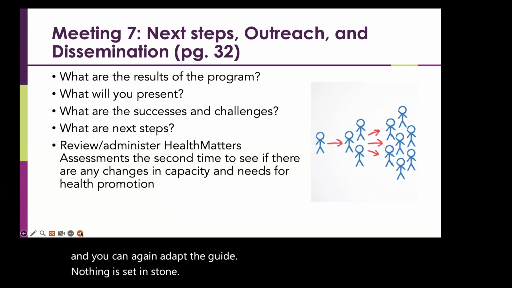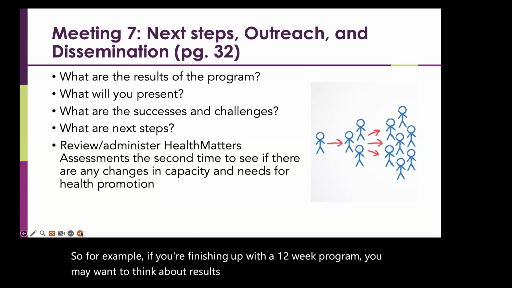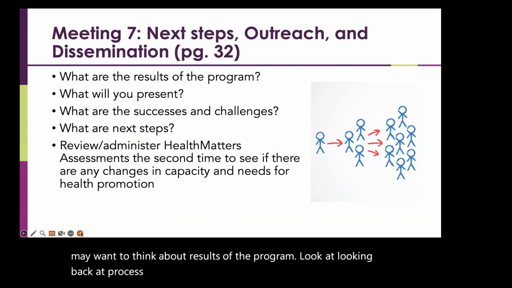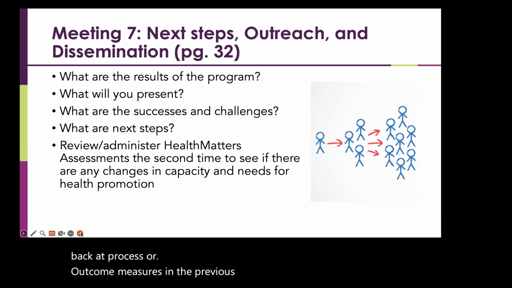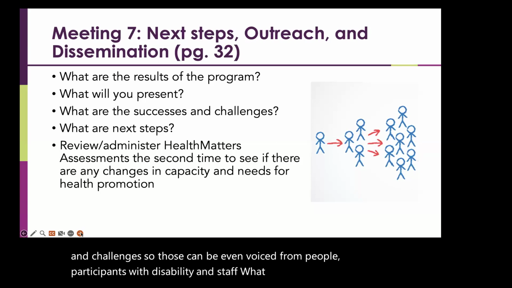So, for example, if you're finishing up a 12-week program, you may want to think about the results of the program, looking back at process and/or outcome measures from the previous slide, and reporting on successes and challenges. Those can even be voiced by participants with disability and staff. What are the next steps?